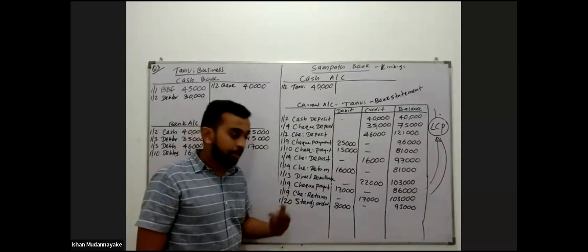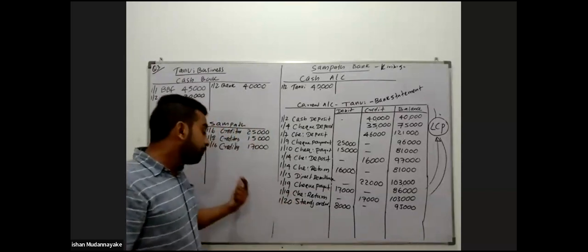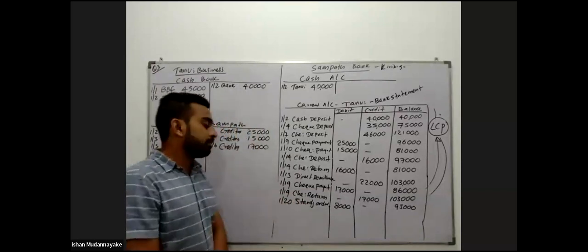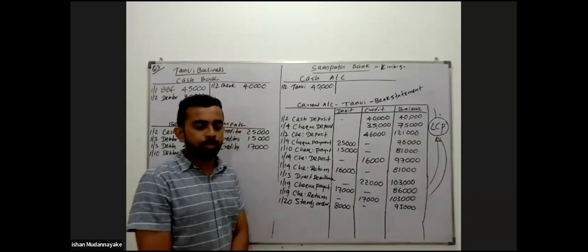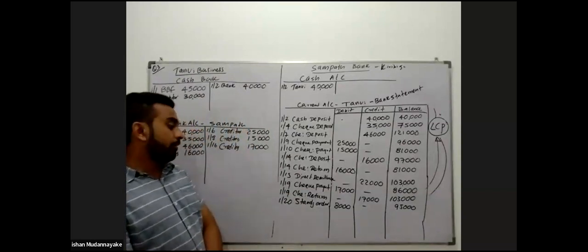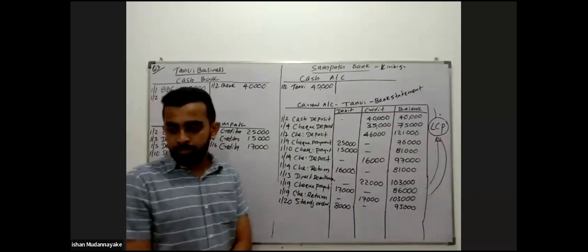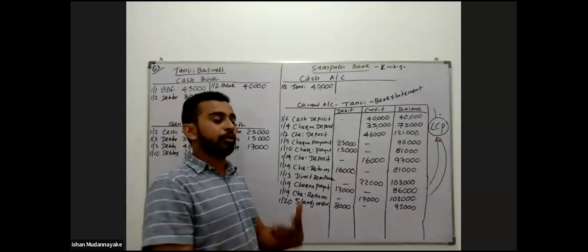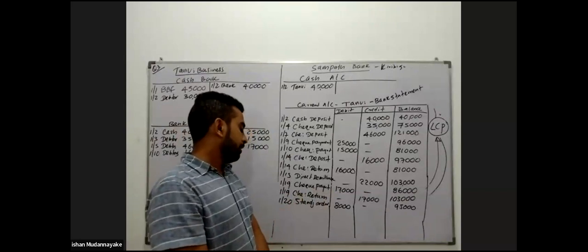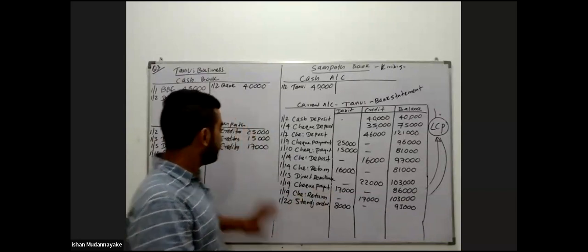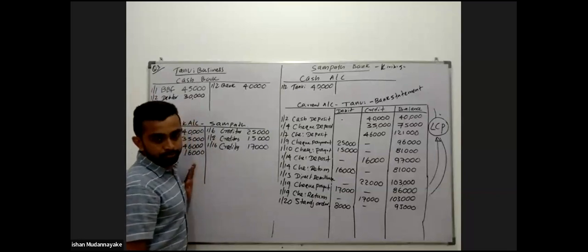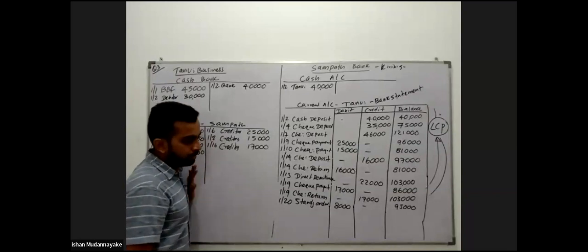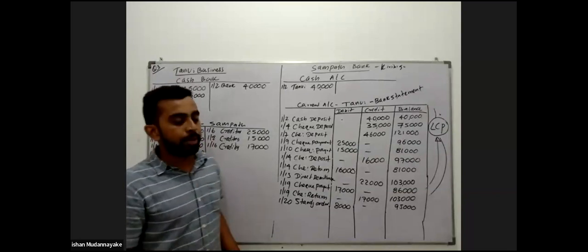Until we receive the bank statement, our business has not recorded this standing order payment. They have ordered, but they haven't recorded. They were unable to record this 8,000 in the bank account in the business organization.